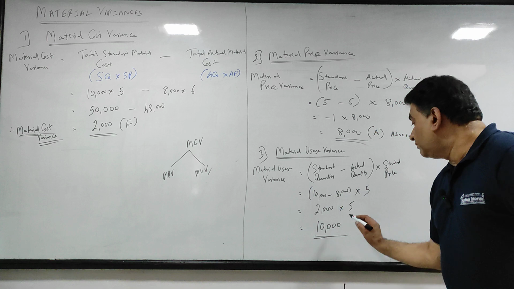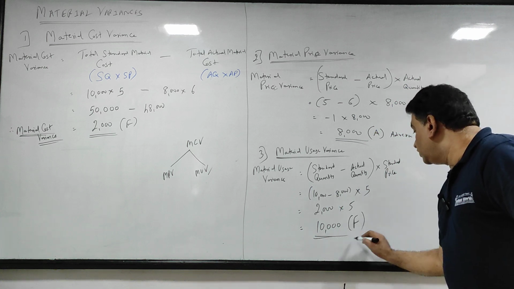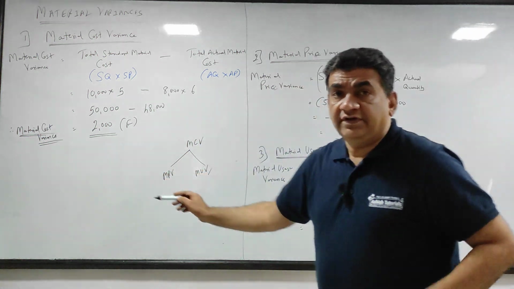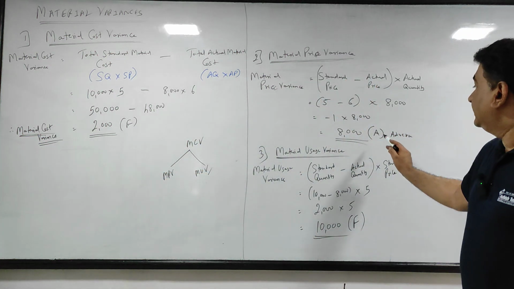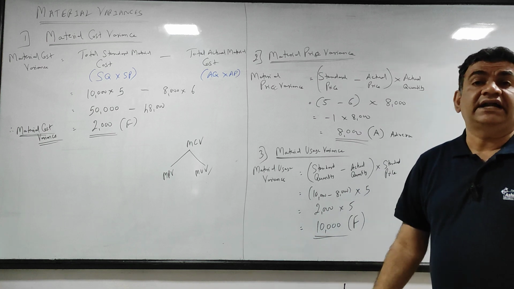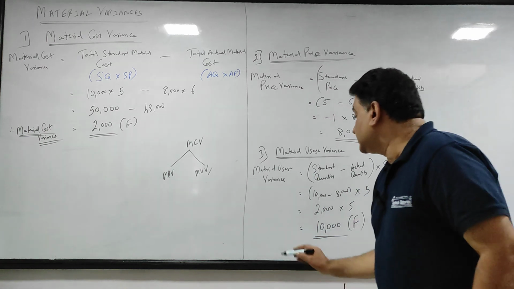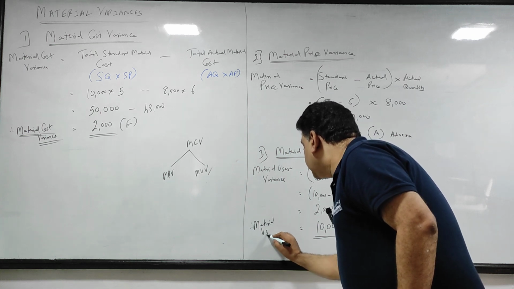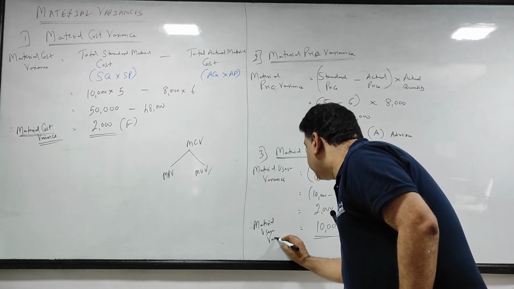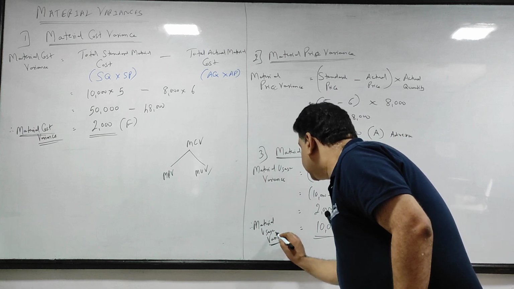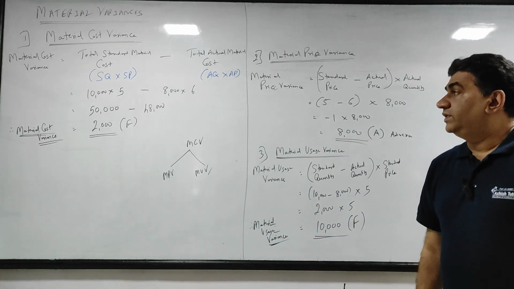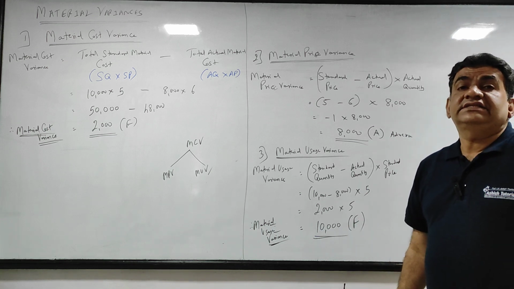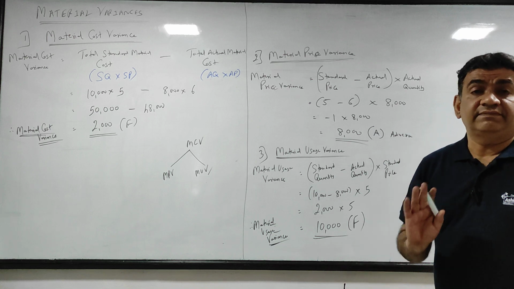What I told you, it is positive, so you will put F in brackets. Positive F, negative A, that is adverse. So this is material usage. Now see the logic. Material usage variance is 10,000 favorable.